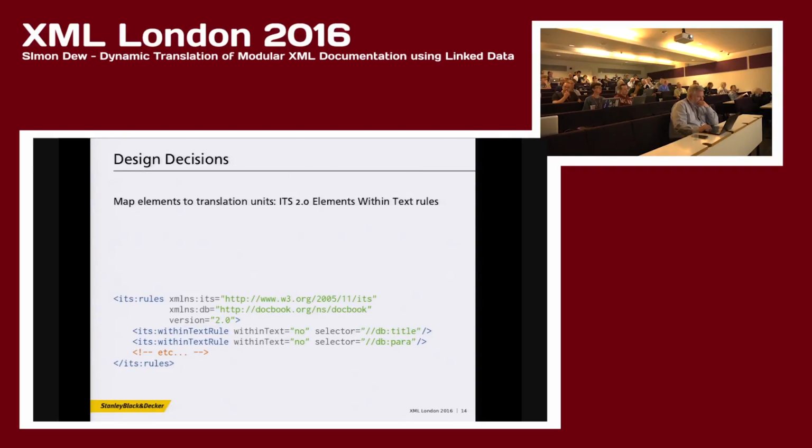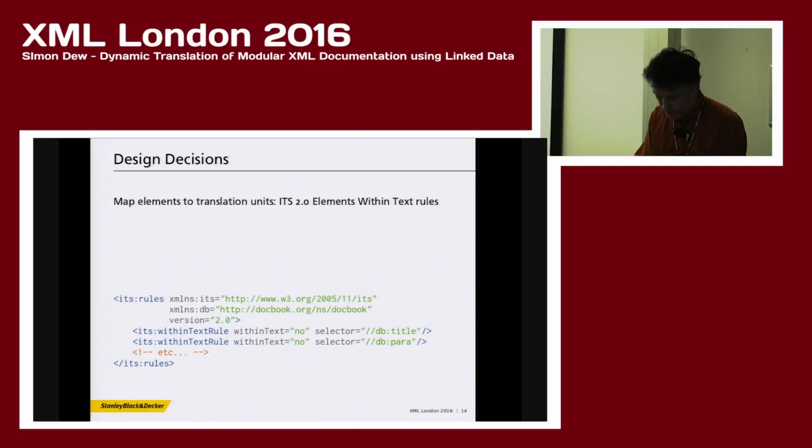In our preparation tools, we need to determine what a translatable element is. So we ended up saying, okay, we'll define a reasonable set of elements for each of our supported file types as block elements. And each block element will map to a single translation unit. That's the simplest way we chose to do it.